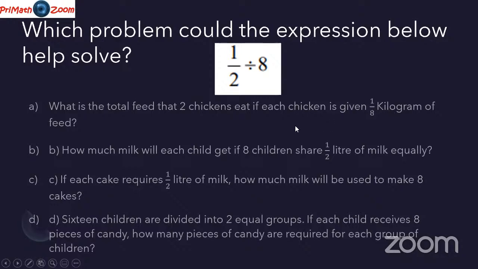Do you think that matches the expression given? If it doesn't match it though, what is this question asking?